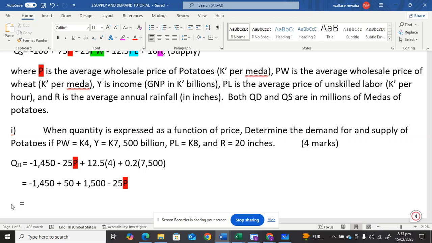I think you should get 100. Are we getting 100? So this is our demand function, 100 minus 25p.